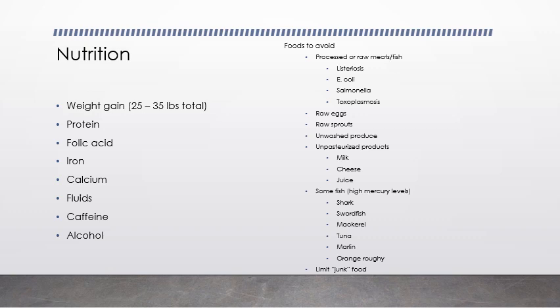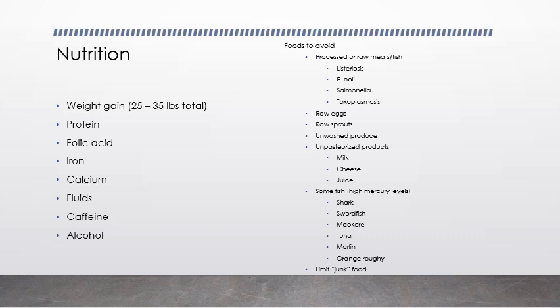Their nutrition should be balanced with adequate protein and trying to minimize the fats and the simple carbohydrates. We want to make sure that they get adequate folic acid, iron, calcium, and they should be avoiding alcohol and limiting their caffeine intake.